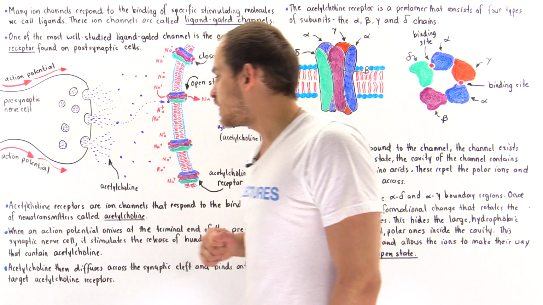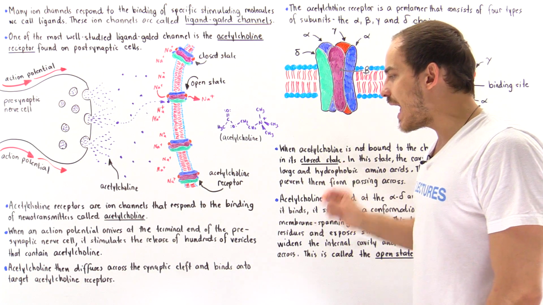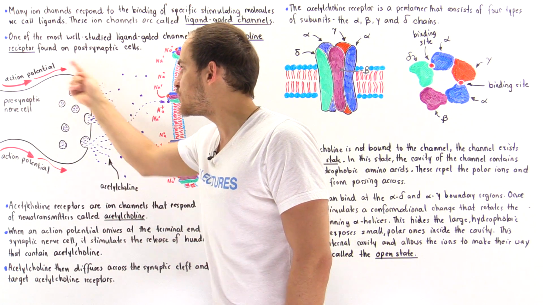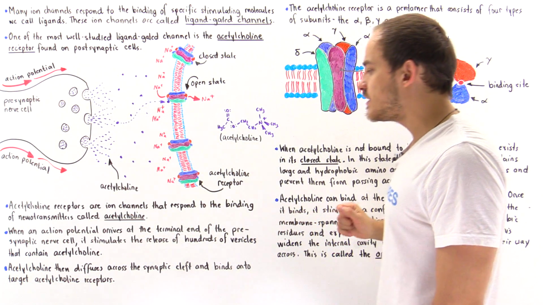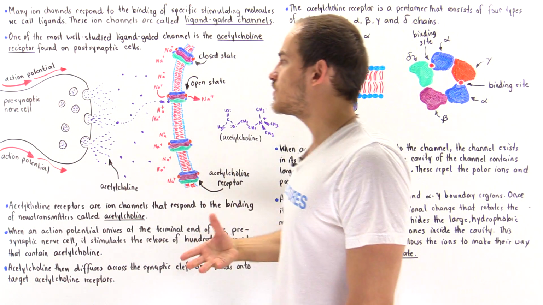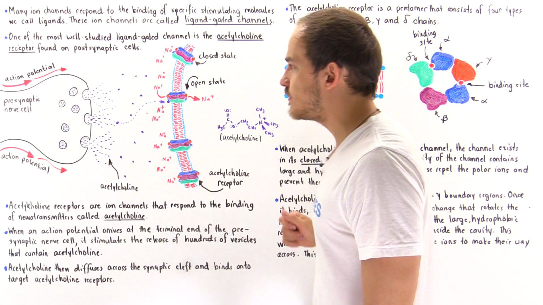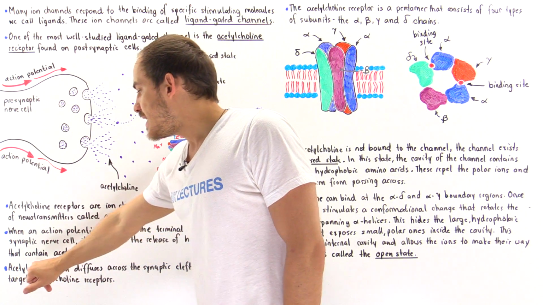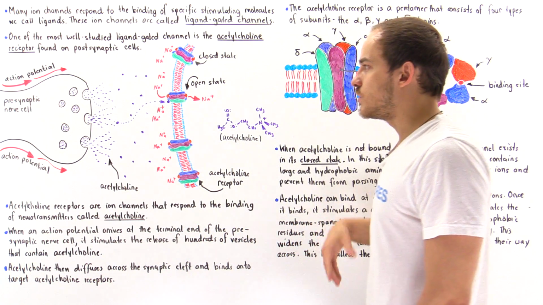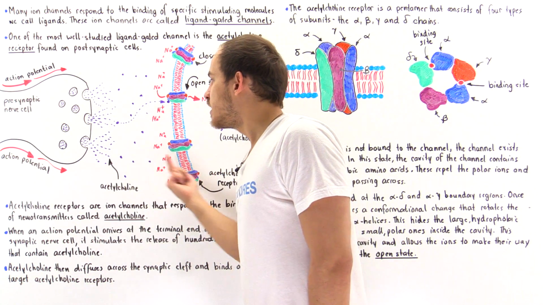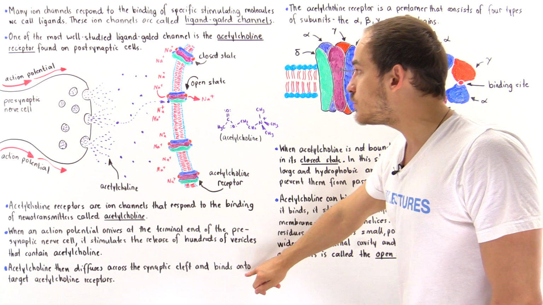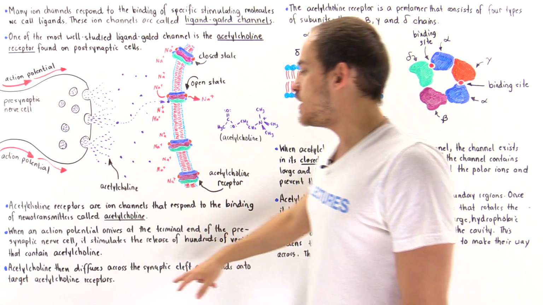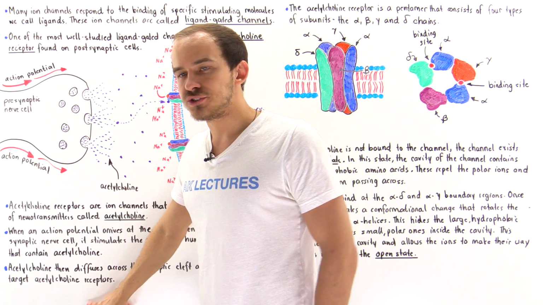When an action potential arrives at the terminal end of the presynaptic nerve cell, it stimulates the release of hundreds of these vesicles via exocytosis, and each one carries many acetylcholine molecules. The acetylcholine molecules then diffuse across this synaptic cleft, make their way onto this cell membrane, and bind onto these acetylcholine receptors.